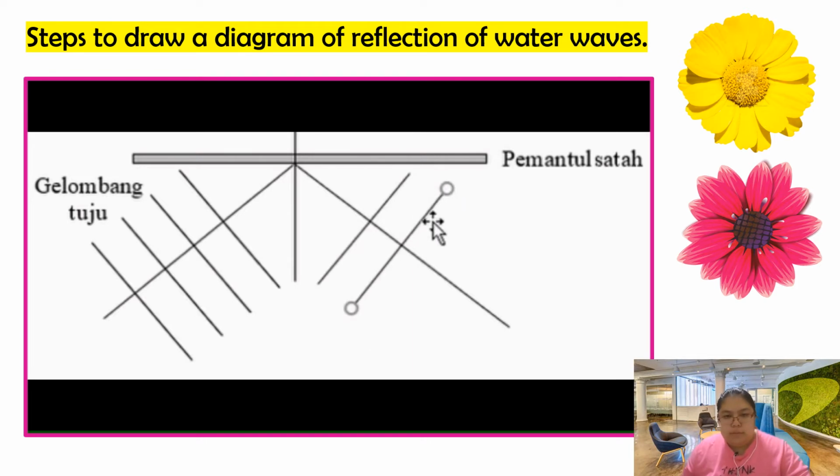If the original is 0.2 cm, your refracted wavelength must also be 0.2 cm. Then you continue to draw. So this is how we draw the refracted ray from the plane diagram. Make sure you know the steps.